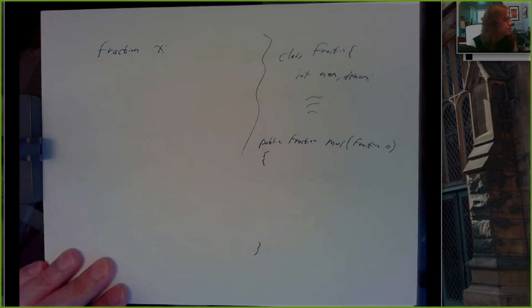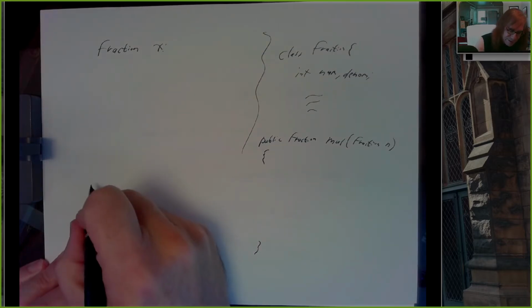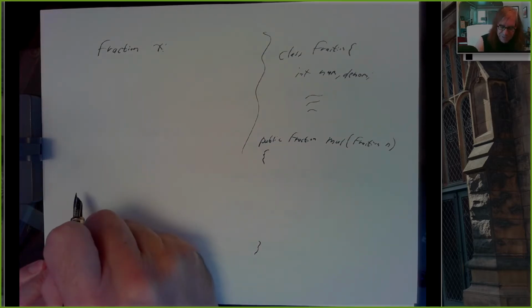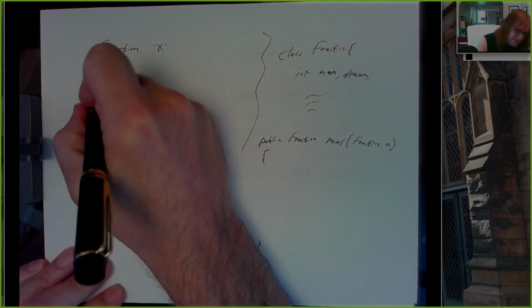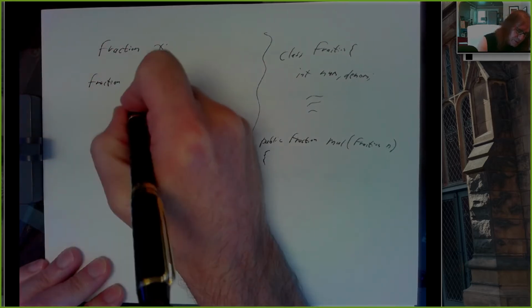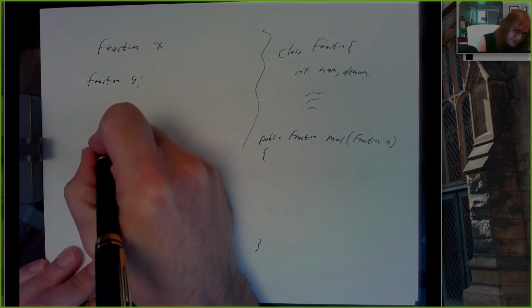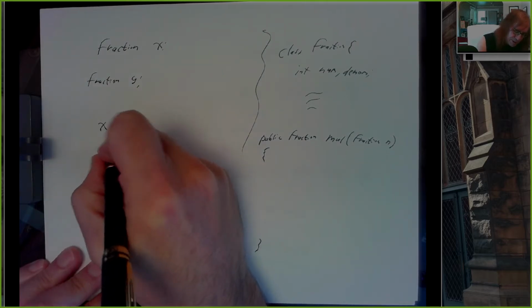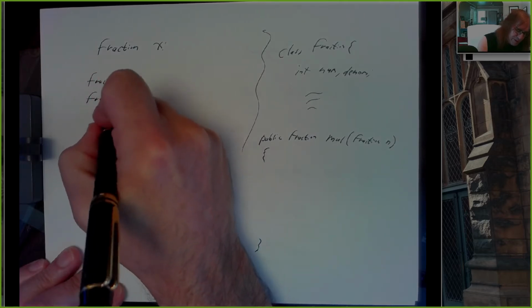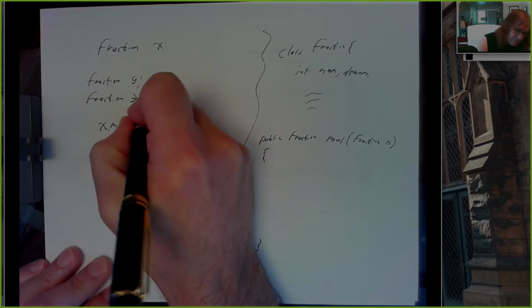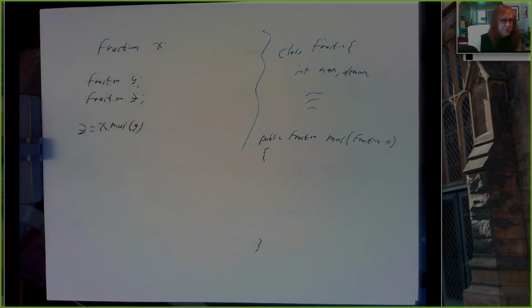And the way you're going to use it is like what you wrote. For example, if x is a fraction and you have some fraction y, you can say x dot multiply y, and maybe you have a fraction z, and so you would say z equals x dot multiply y.